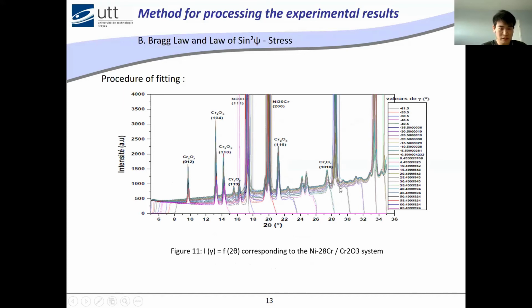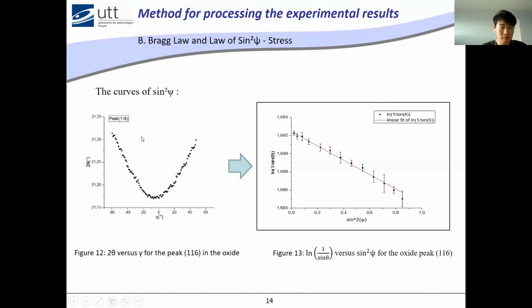For one peak, we can also draw the figure 2θ as a function of γ, and finally we can draw the curve of sin²ψ. We can see that this relationship between ln(1/sin θ) as a function of sin²ψ is linear, so the stress is determined.